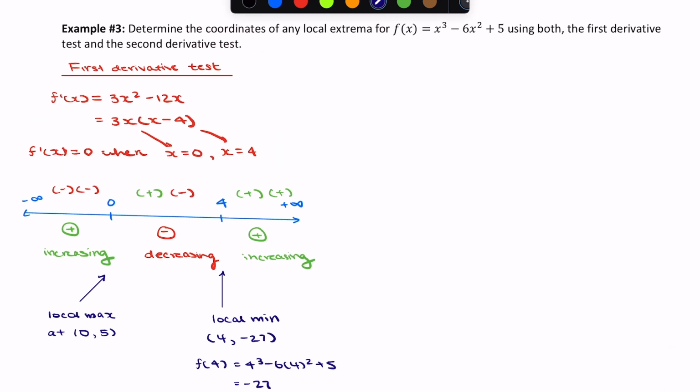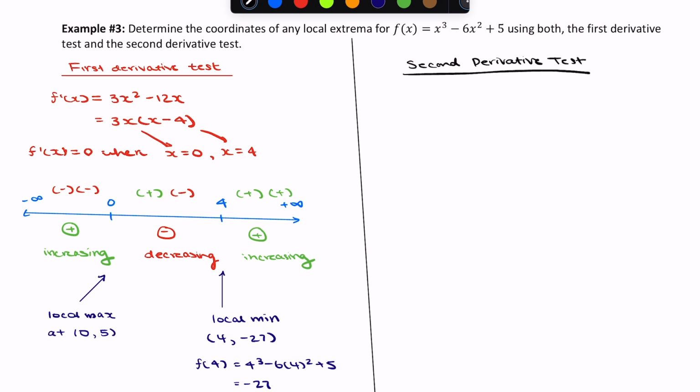And now let's look at the second derivative test.